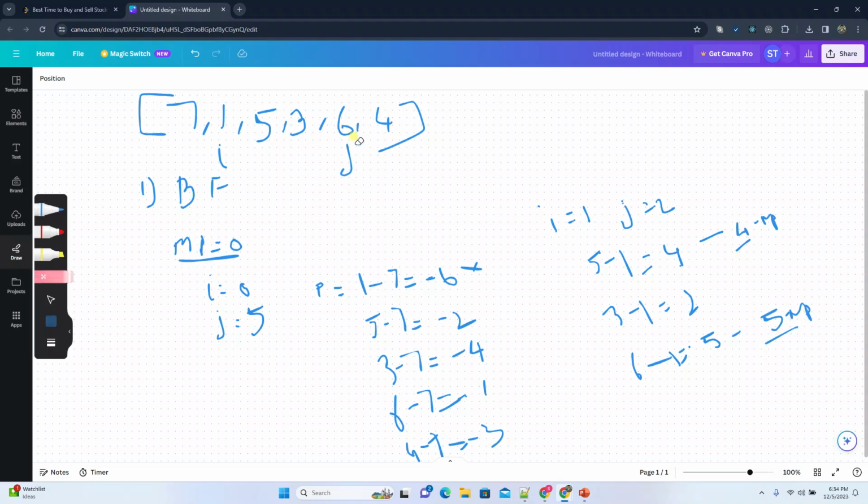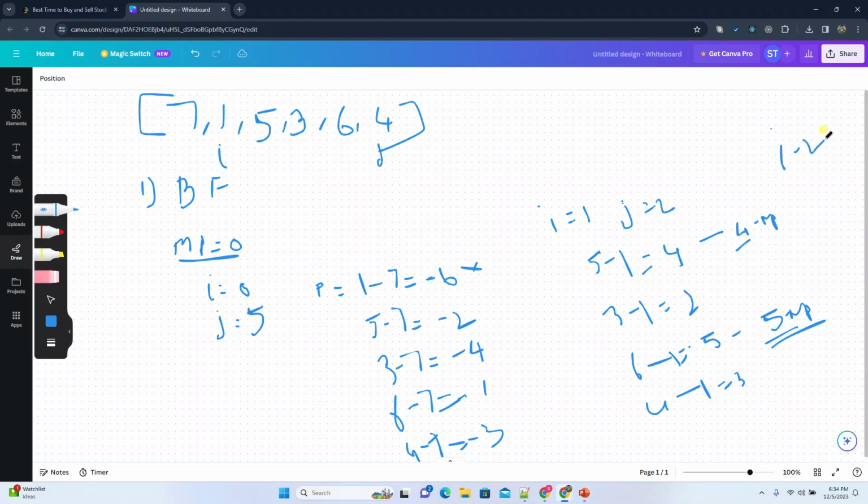Okay, so now j will become 4 now. 4 minus 1 is equal to 3, and 3 is less than 5, so the maximum profit will be 5 as of now.